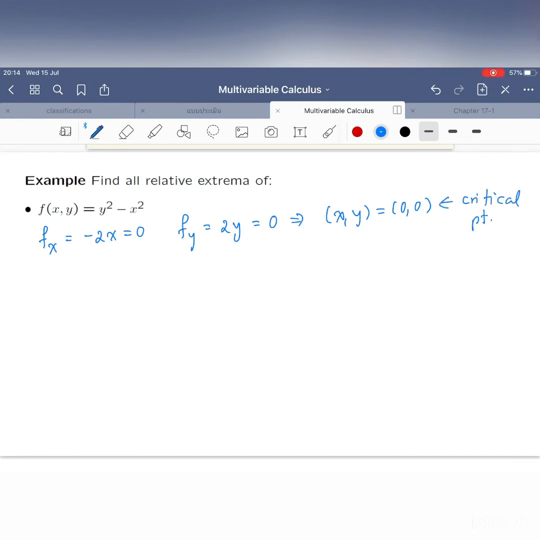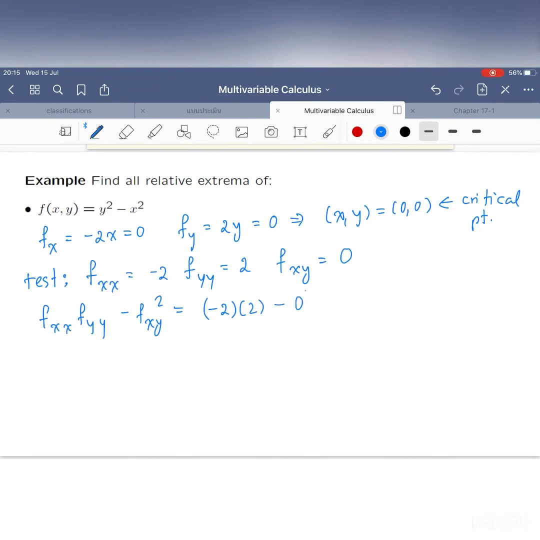Okay, and then you do the test. So f sub xx is negative 2. F sub yy is of course 2. F sub xy has nothing survived. So it means that f sub xx and f sub yy, same direction, compete with a different direction. You have negative times positive 2 minus 0 squared, which is again negative.